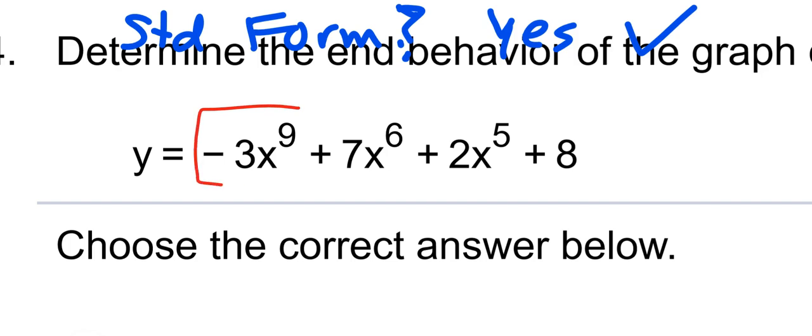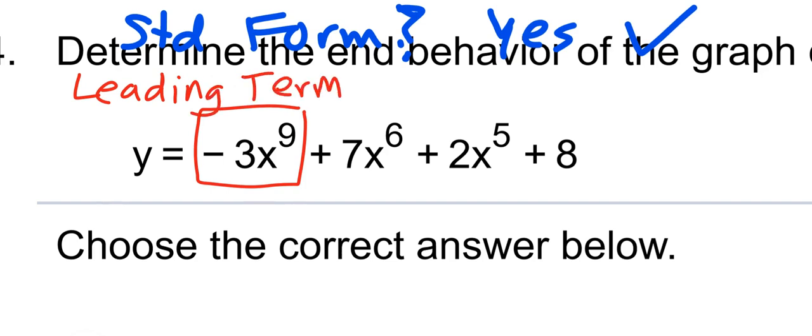All of the information you need is right here in that red box. This is called the leading term. I will abbreviate that LT. Hopefully that makes sense.